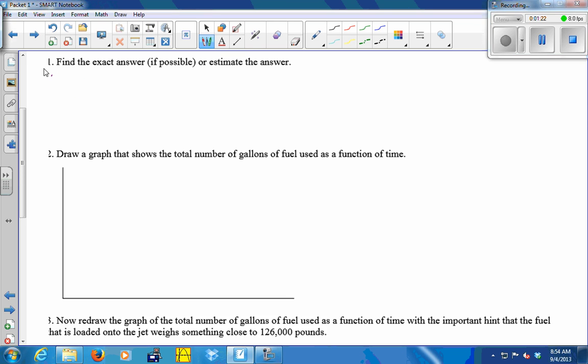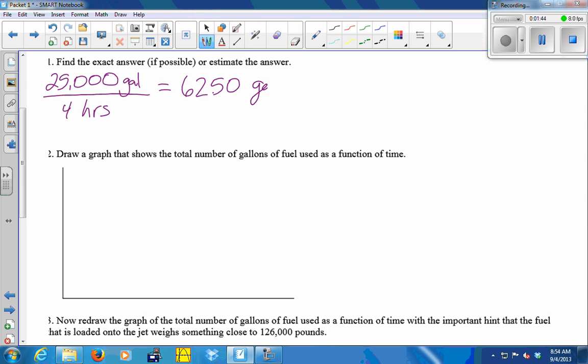All right, so 25,000 gallons divided by 4 hours is going to give us a rate of gallons per hour being used by the plane. So what does that come out to? 6,250 gallons per hour.